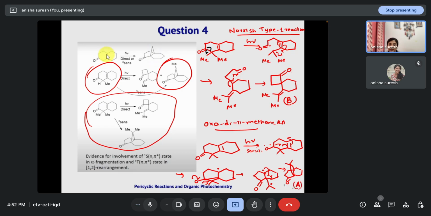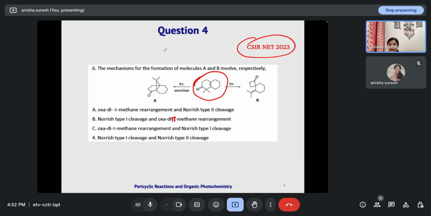That is A. In the question, they were asking the mechanism for formation of molecules A and B, respectively. So A involves an oxadipymethane rearrangement and B involves a Norrish type 1 cleavage. So option C is the right answer. Okay, is this clear?